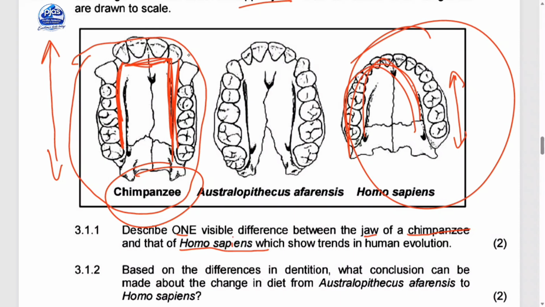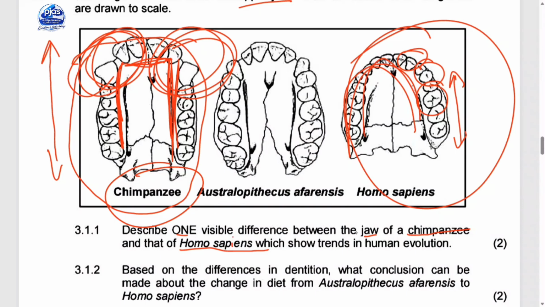Also, we have the presence of diastema in the chimpanzee, meaning large spaces between the teeth. While in Homo sapiens, there is no diastema, meaning there are no spaces.